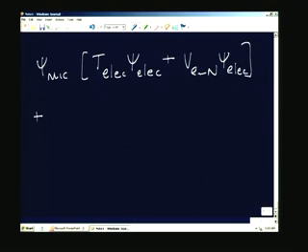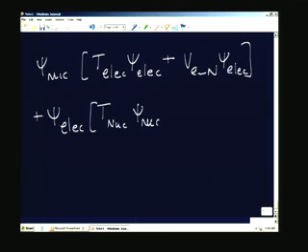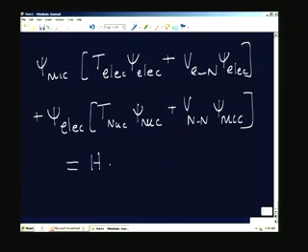Plus you have a psi electronic times a T nuclear psi nuclear plus V nucleus psi nuclear. When you rearrange them, these terms are equal to H psi electronic, psi nucleus. All of it is H so far on the left hand side, and this is the E psi electronic psi nucleus.